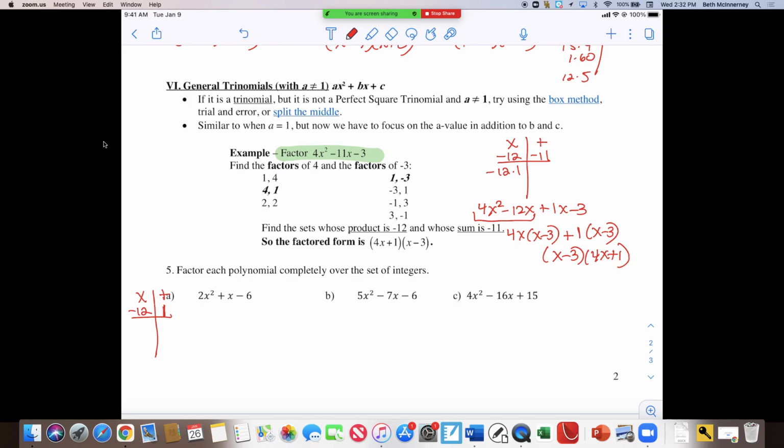So this would be positive 4 and negative 3. All right, I'm going to pause, let you try. And then go on to B and C.